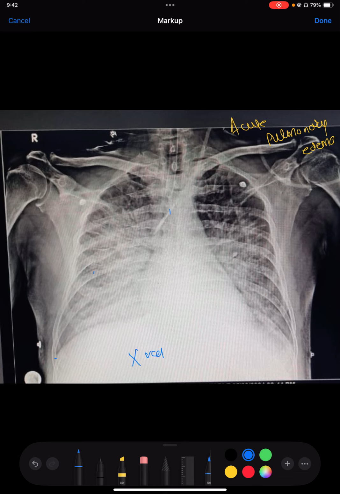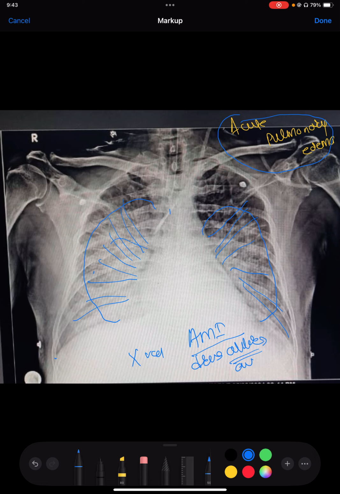Most of the time, if patients have acute myocardial infarction or any drug allergy, or if during some procedure the patient suddenly deteriorates, or if the patient has anaphylaxis or trauma, in such conditions patients land up in acute pulmonary edema, and they always have a typical bat wing, typical bilateral perihilar involvement, and fiber-like lines can be very clearly seen from the hilum towards the periphery.